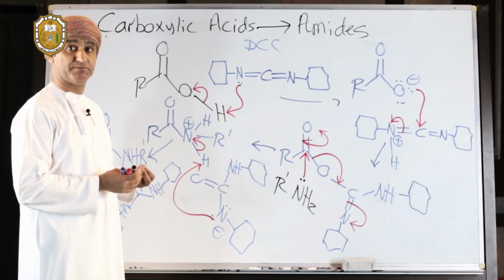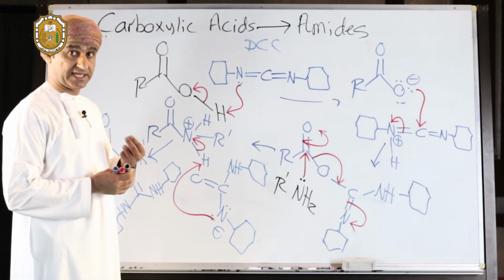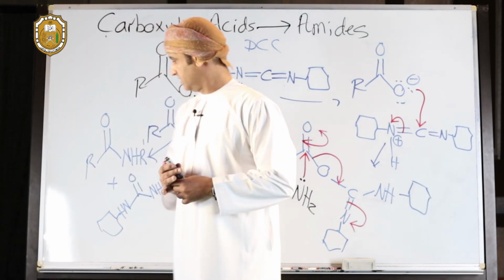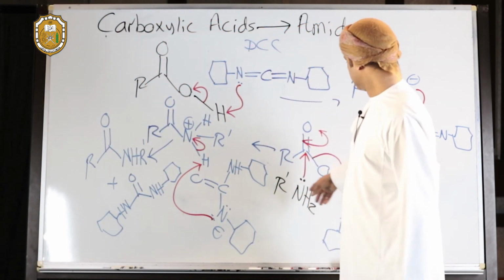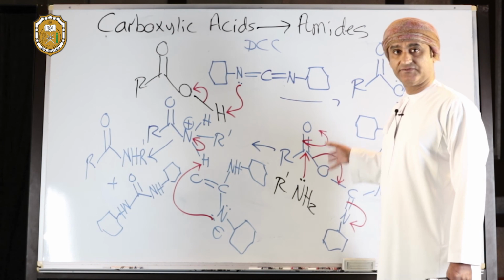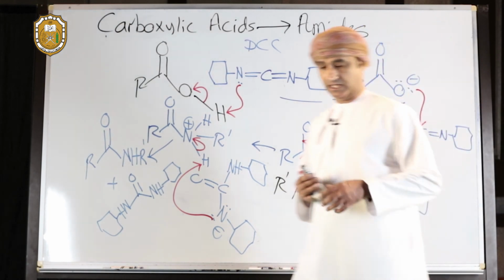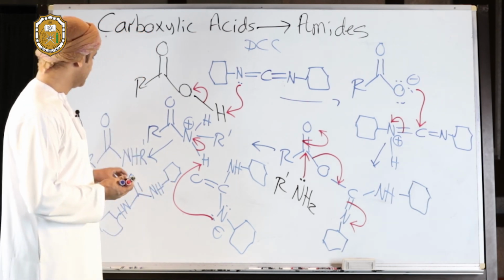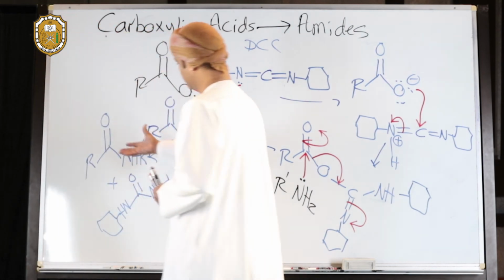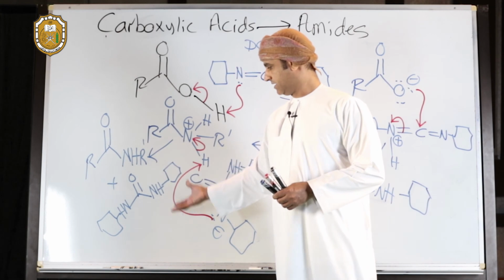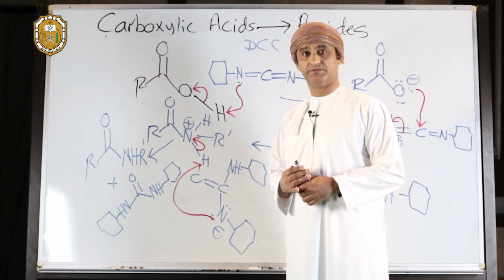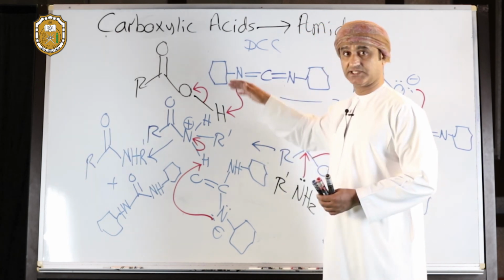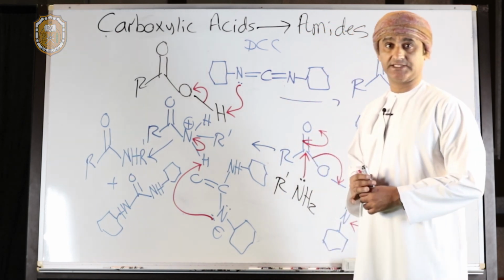DCC acts as a coupling reagent, or as an activating reagent, to activate carboxylic acids, facilitating subsequent attack of amines at this stage after the carboxylic acid has been activated. Not only the corresponding amide is obtained, dicyclohexyl urea is also obtained, which is basically the material that's left of DCC as a result of all of these mechanistic details.